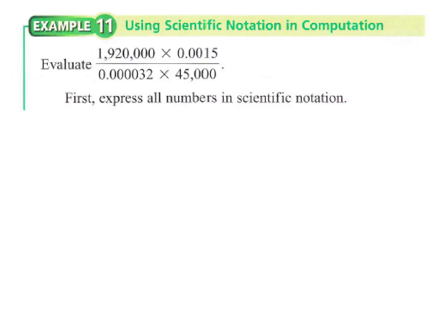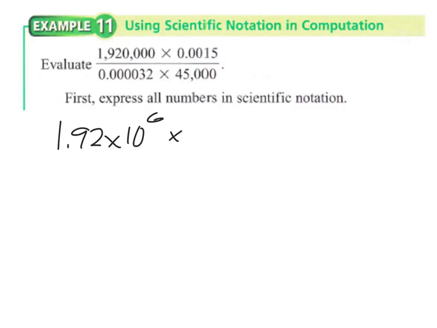Now here we're looking at a problem where it'll be a little bit easier to handle using numbers in scientific notation. So starting with the 1,920,000, I write that as 1.92 times 10 to the, and then this is a 7-digit number, so it's times 10 to the 6th.